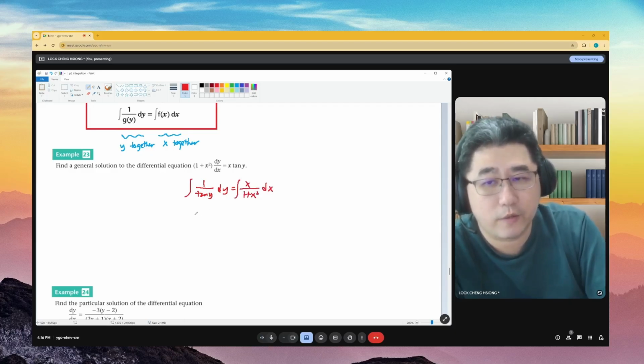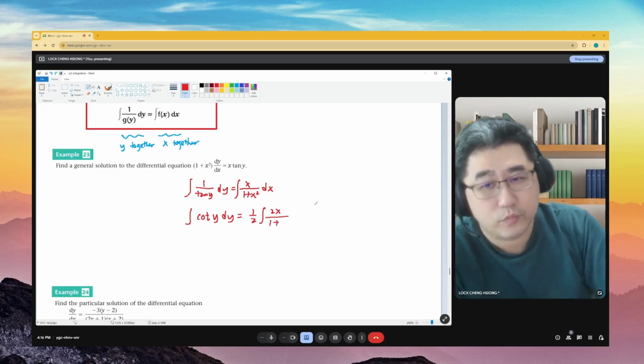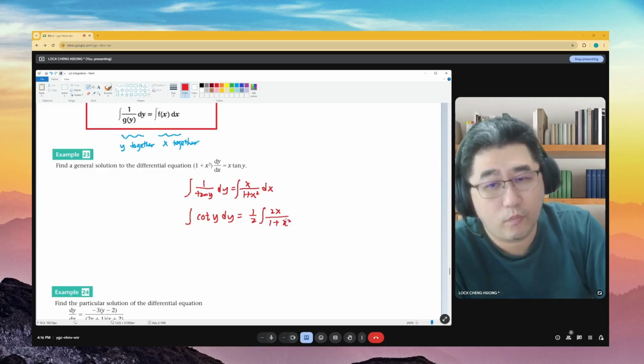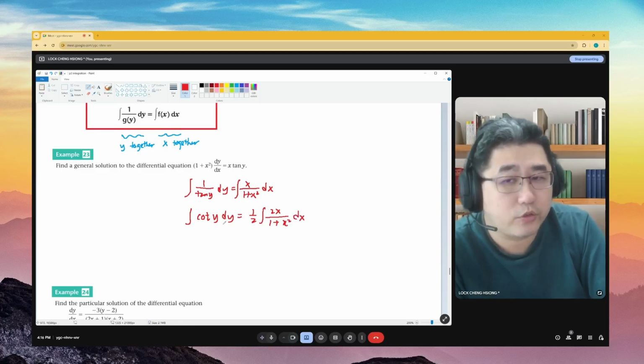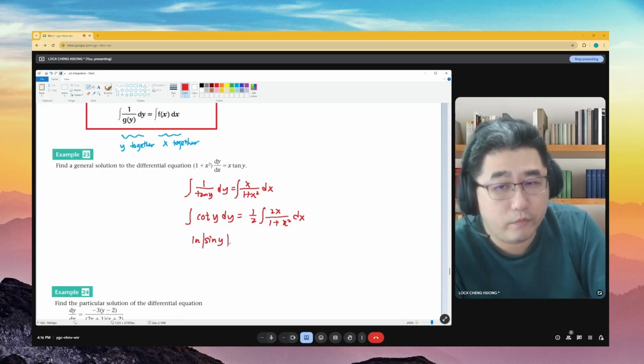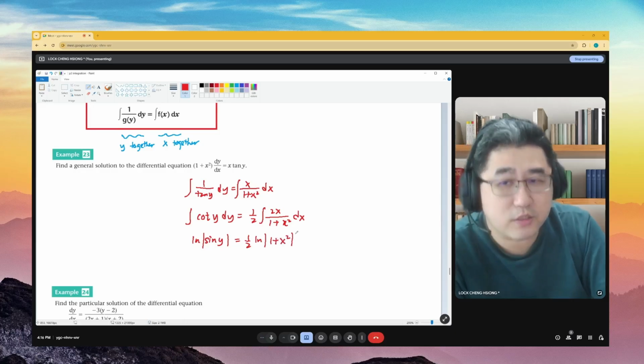This one gives me cotangent y, this one gives me 1 over 2x of 1 plus x squared dx. Cotangent y from the special formulas gives ln of sine y. This one will give me 1 over 2 ln of 1 plus x squared. We just did this just now.